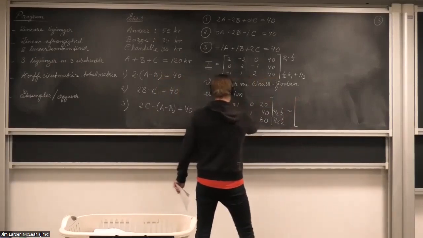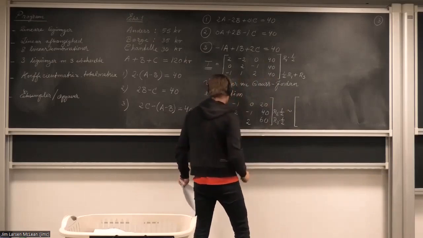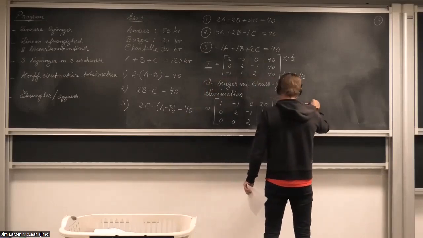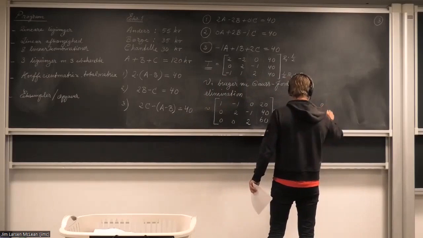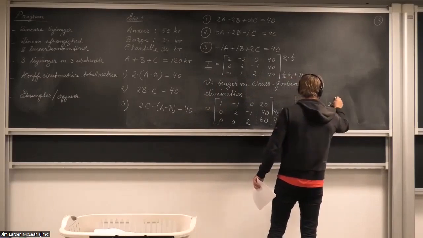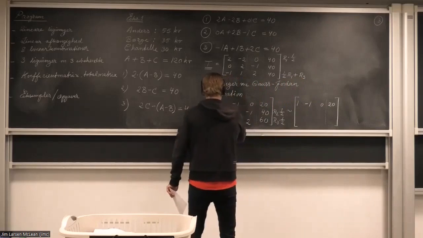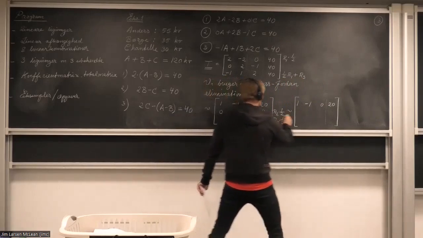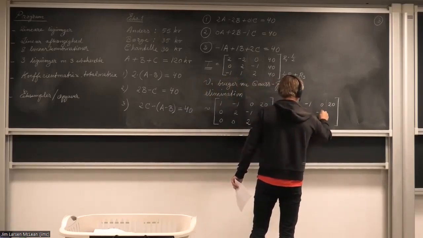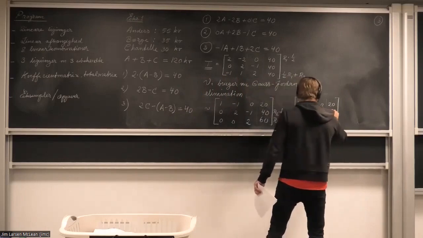Well, I haven't done anything here, because then there would have been something written, right? So I just copy paste for myself: 1, minus 1, 0, and 20. And down here, it will say 0, 1, and minus 1/2, and 20.